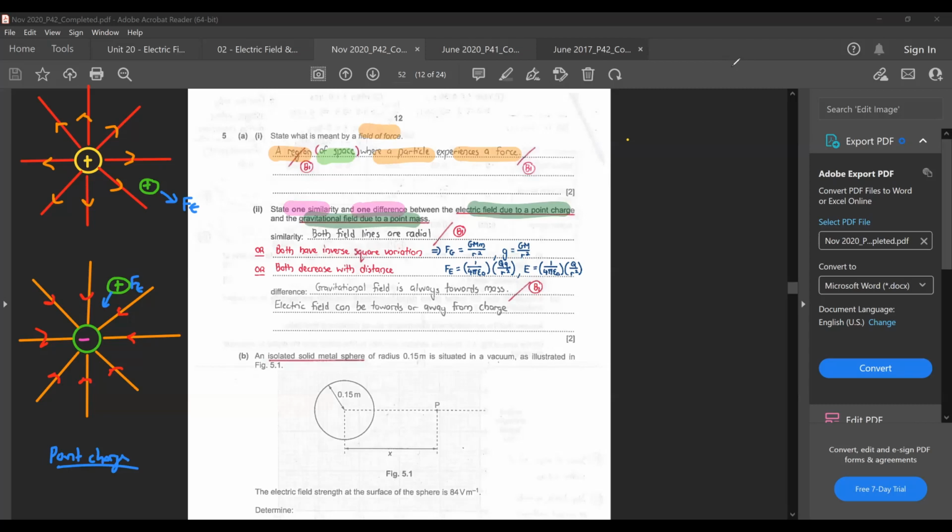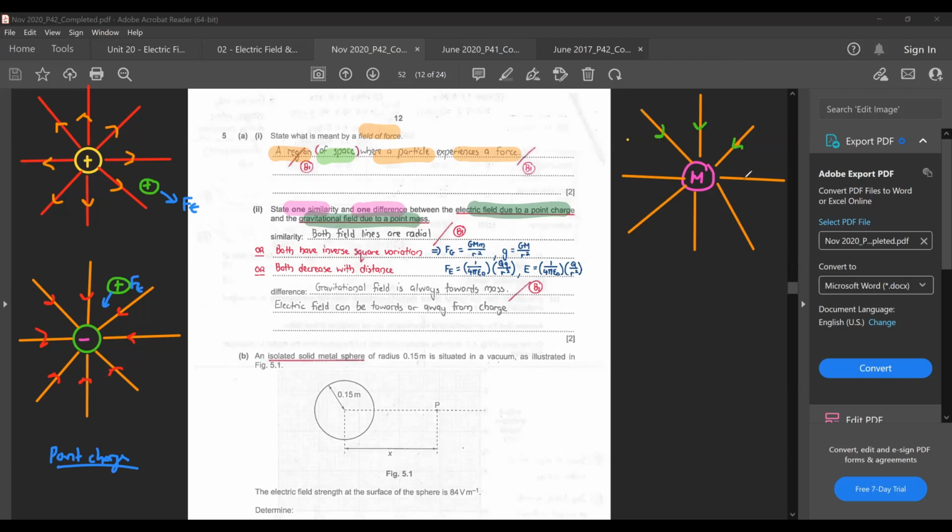But when you're talking about a point mass, if it's just a point with a mass, you would have something like this again. It again will have radial field lines like this. But the direction is fixed to always be inwards.